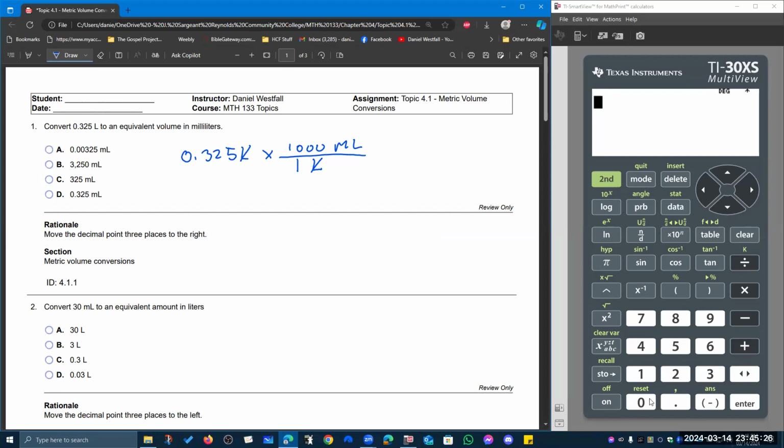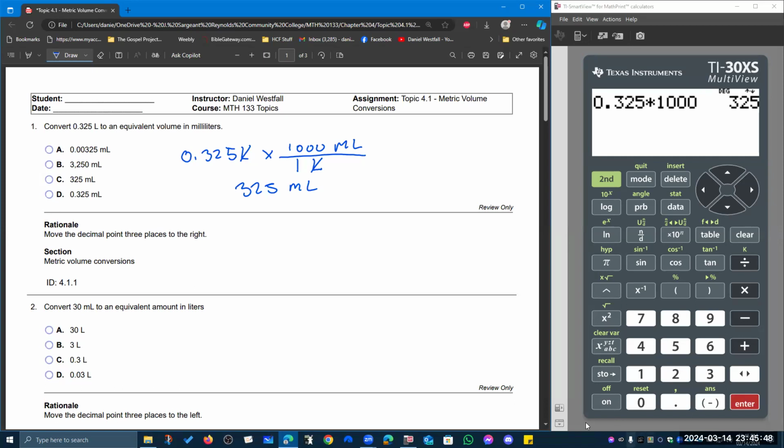If you want to check that with your calculator, 0.325 times 1,000. You can confirm that. It's not just magic moving the decimal point, but that is kind of the point of the decimal system, base 10, the metric system, so that we can just move the decimal point left and right.